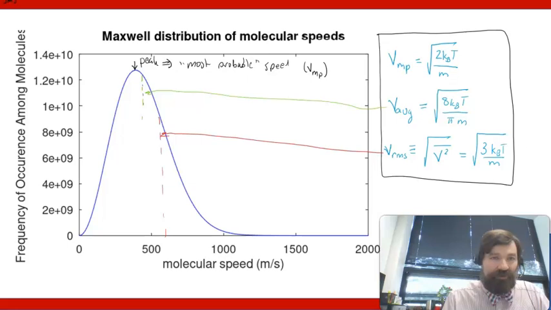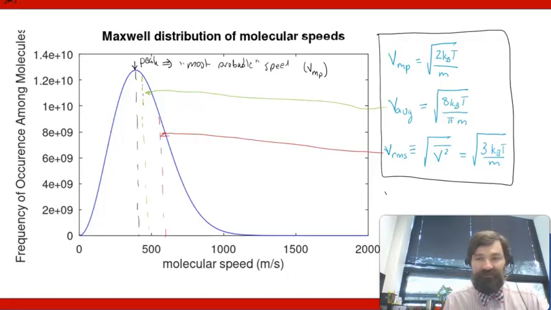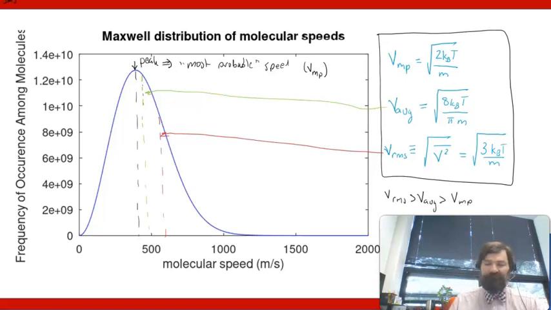You have to drop these dashed lines down to wherever they hit on the axis. So I've got my most probable speed, that's actually the lowest speed. Then I have my average speed, which is the next lowest. I have my RMS speed, which is the greatest of these. So we can write that V_RMS is greater than V_average is greater than V_most probable.